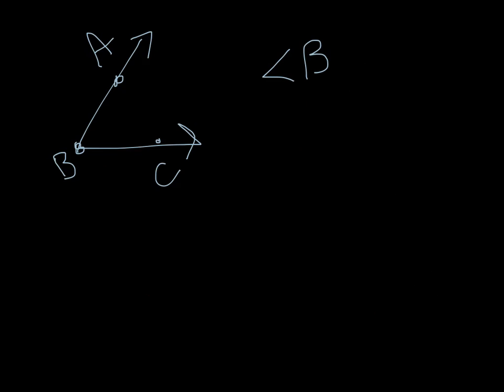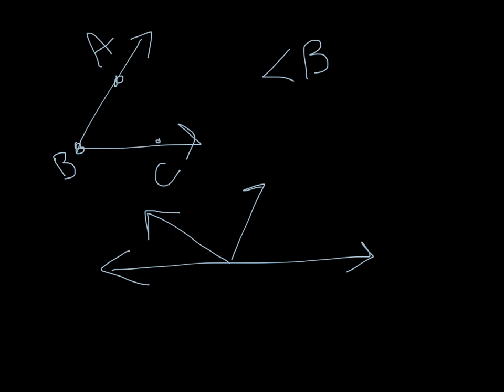Just one last note about naming angles. Some angles are simple and they just have one vertex. Well, they all have one vertex, but let's say I said A, B, C. If there's no confusion, I can just call this angle B, because there's no confusion about what angle I'm talking about. However, what if I had this angle, which is completely possible?